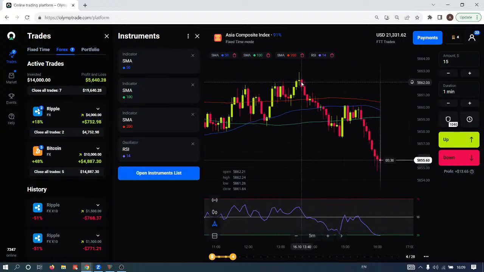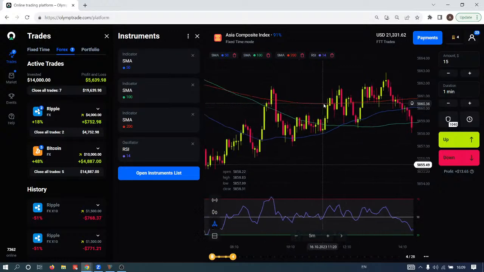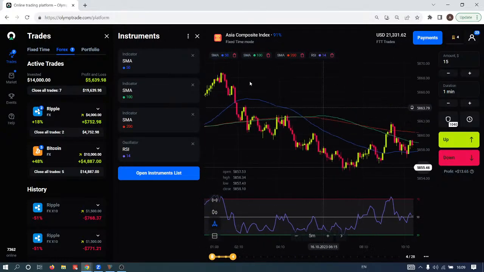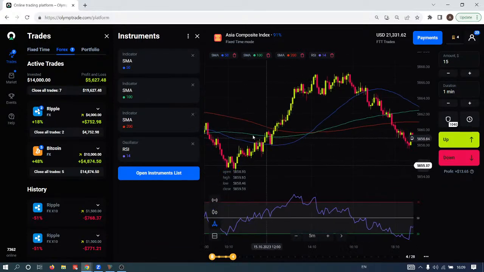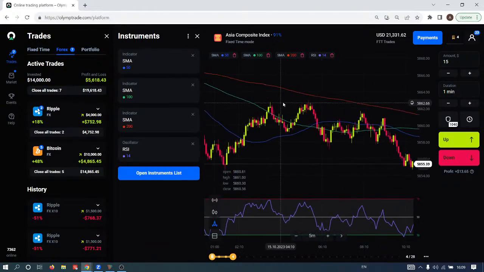So it's not really the most common pattern out there, but definitely it is among the most common ones. Patterns like that keep appearing and reappearing on charts almost every hour.